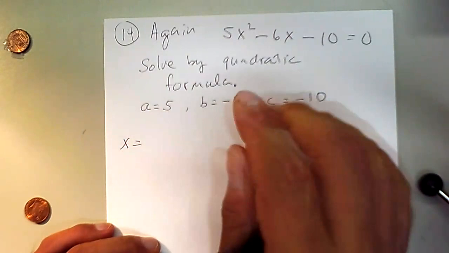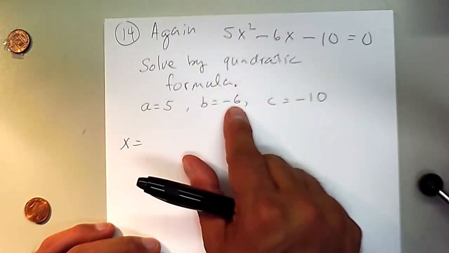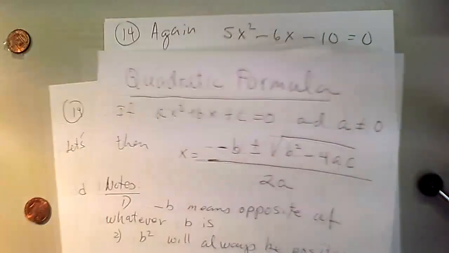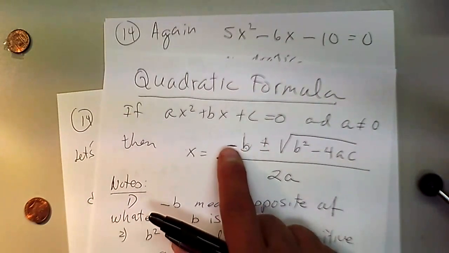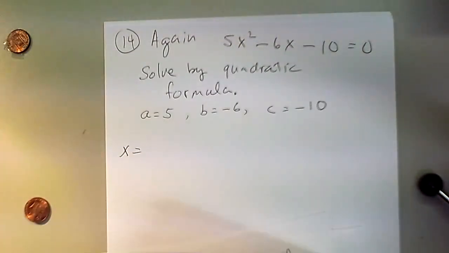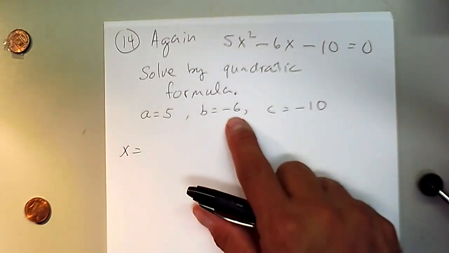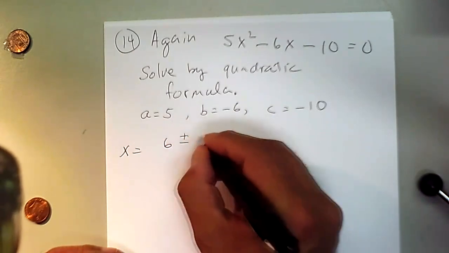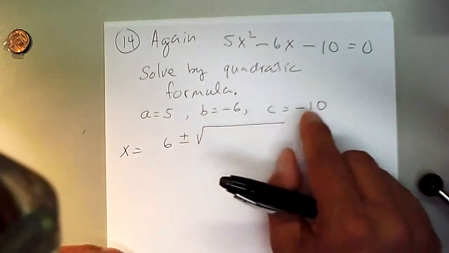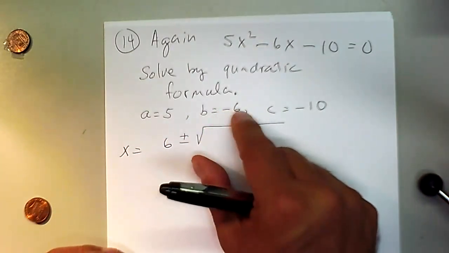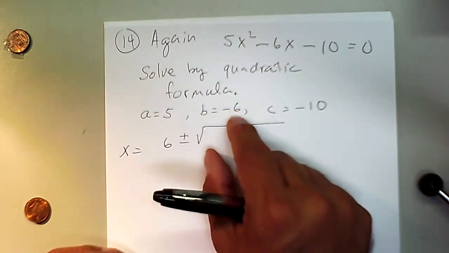X is the opposite of B. See, that's why I don't like to say minus B, because we have to think of negative B as the opposite of B. Whatever B is, the opposite. So B is -6. Its opposite is +6. Plus or minus the square root of 6 squared. Well, technically -6 squared, but that is always going to be positive.